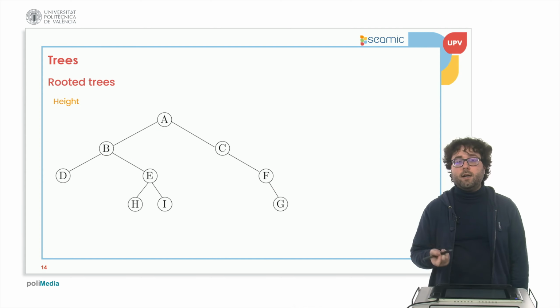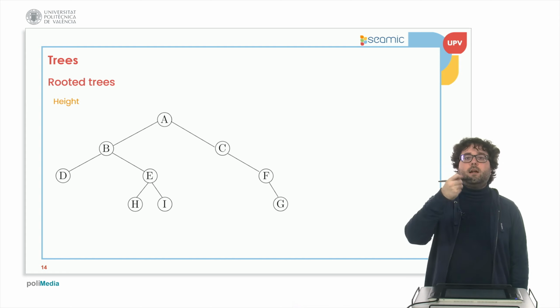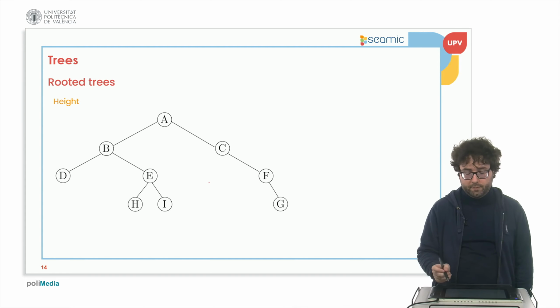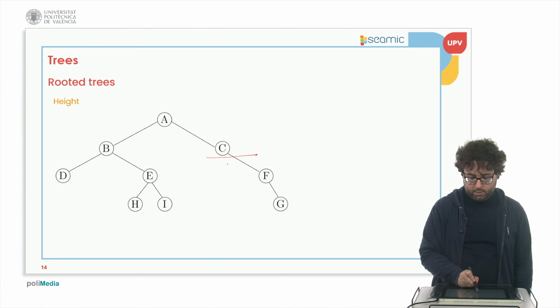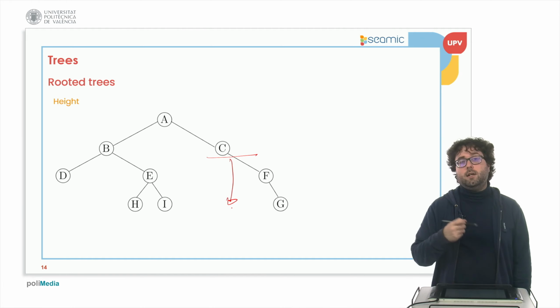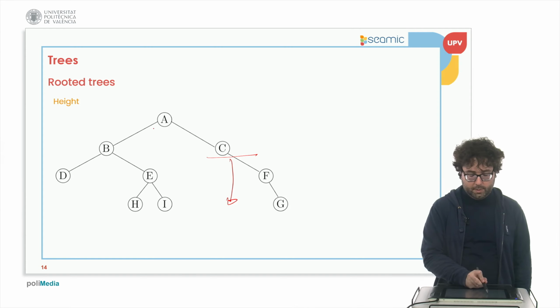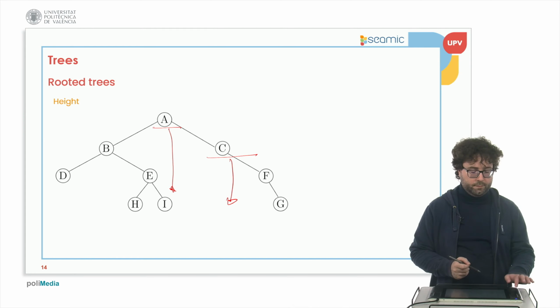Also the concept of height, which is kind of like the opposite, from there to the first leaf. So here would be going down, and the total height of the tree would be the same, but starting from the root.